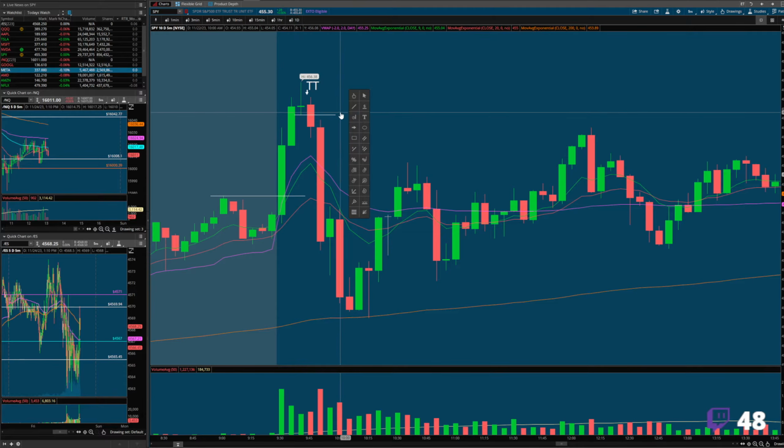How do we get an entry? Just like I showed you here, if you have a tweezer top and then the candle by candle method flips, draw the body out, look for entry into this body. Now, I'm not one to really set bids very often. I love pushing buttons on my phone, whatever.